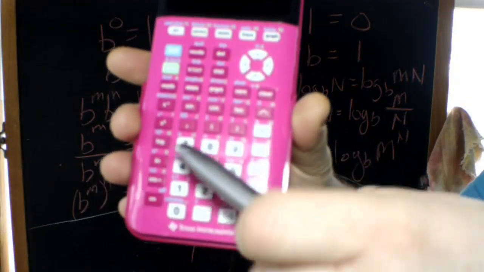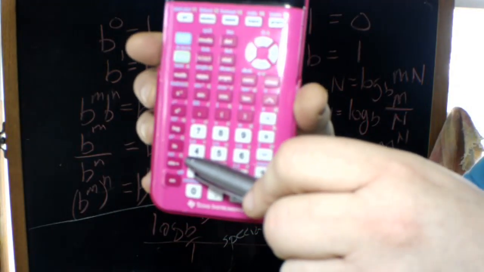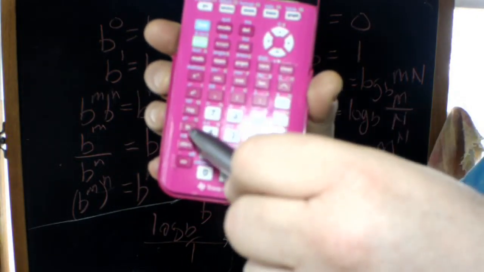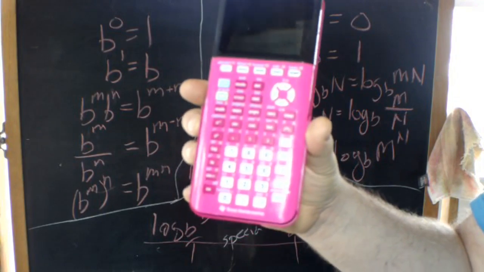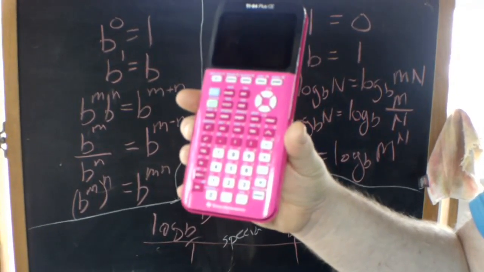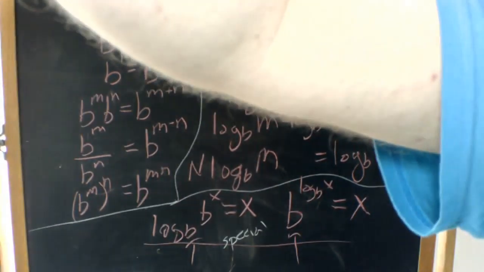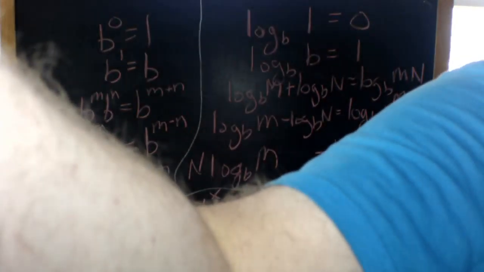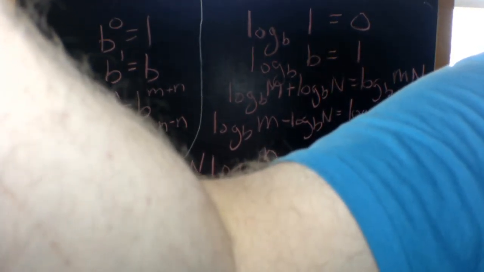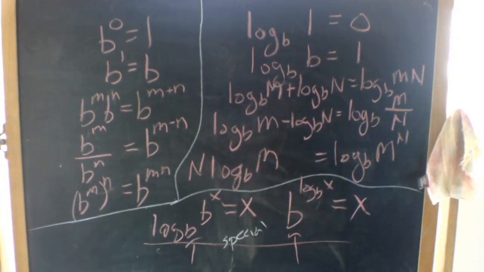I've got two log keys, log and ln. But I don't have a log base 2.